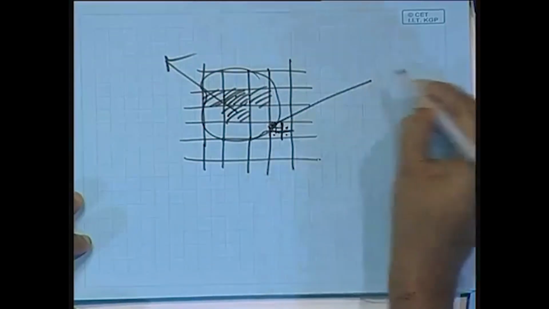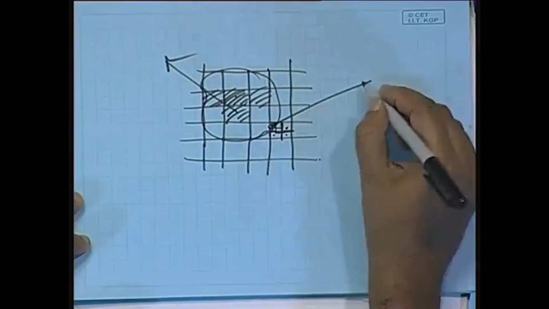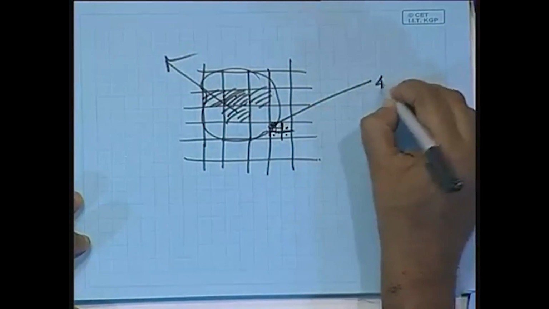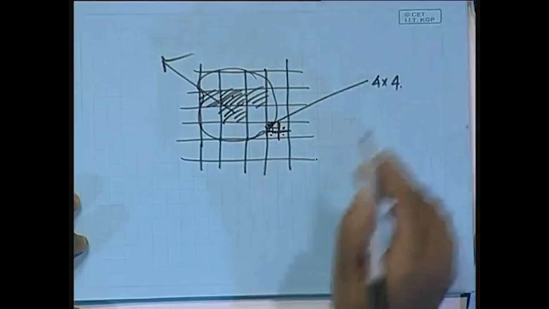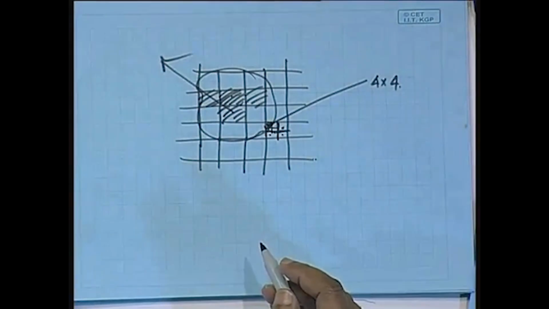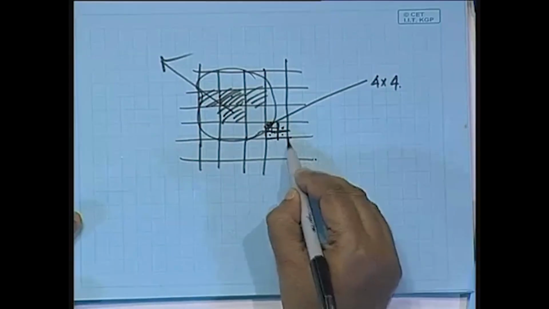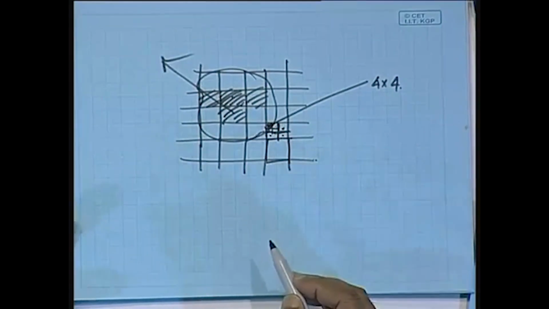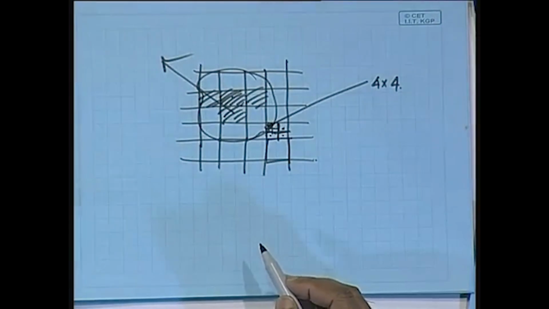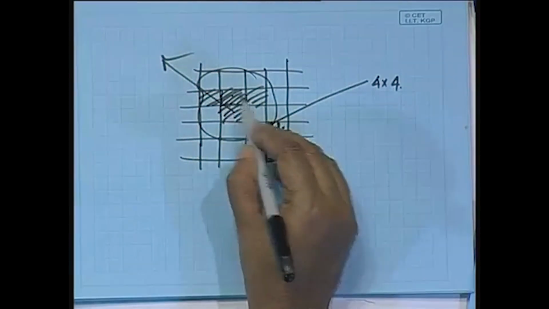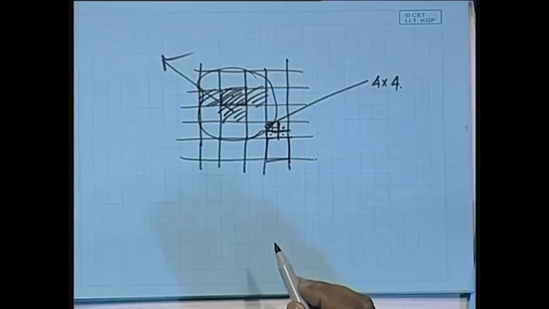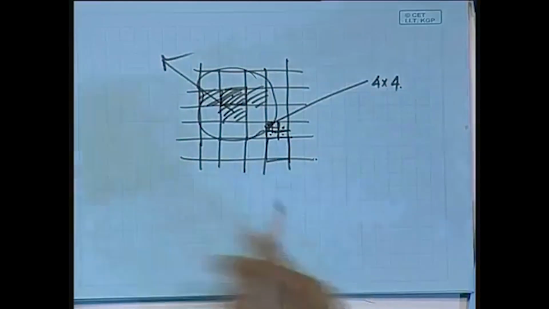So, only this particular block of size 4 by 4 is assigned a non-zero motion vector. Now, for the rest of the area, for this entire 16 by 16 there is no problem, I can assign a single motion vector. For this 16 by 16 I can also assign a single motion vector. That means it depends on the parts of the image.